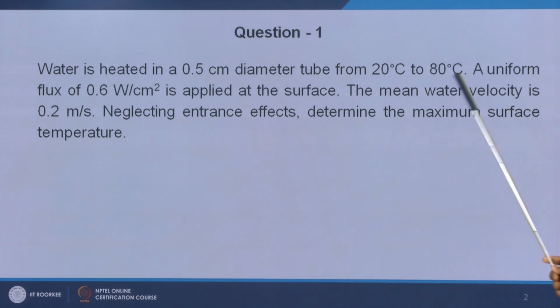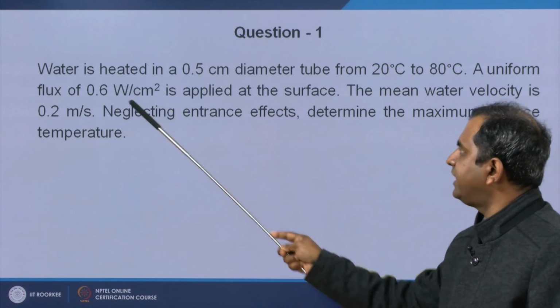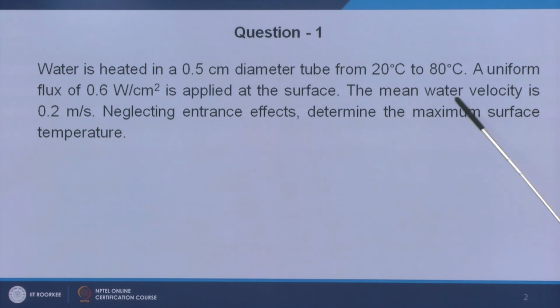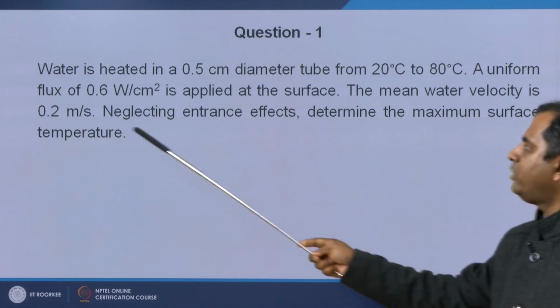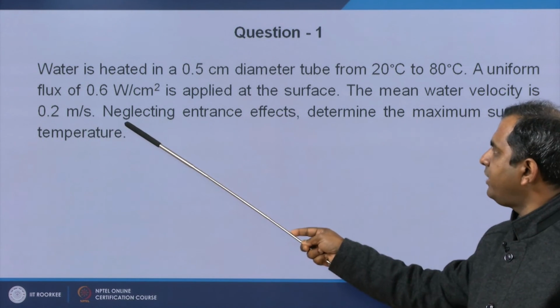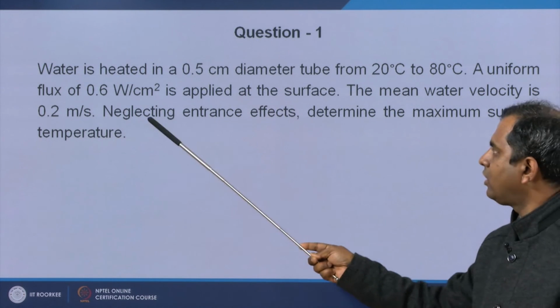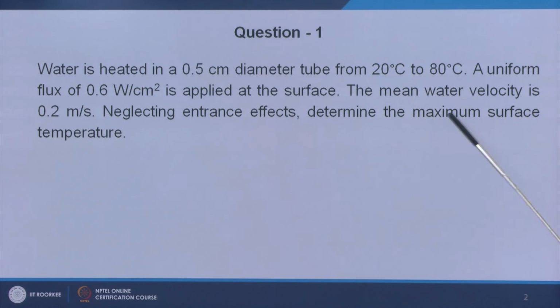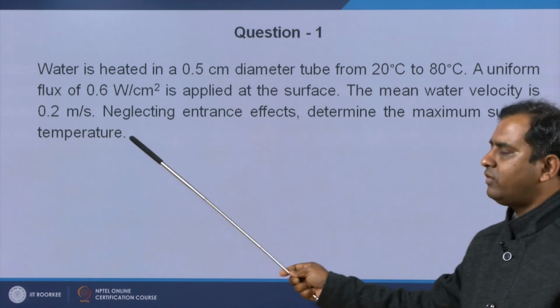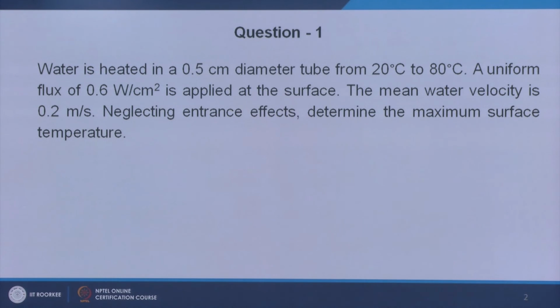So, that means you have a uniform heat flux case over here. The mean water velocity is 0.2 meter per second, and you have to neglect the entrance effect. So, thermal entrance region need not be considered. You have to determine the maximum surface temperature of the tube. So, this is the problem we are having.